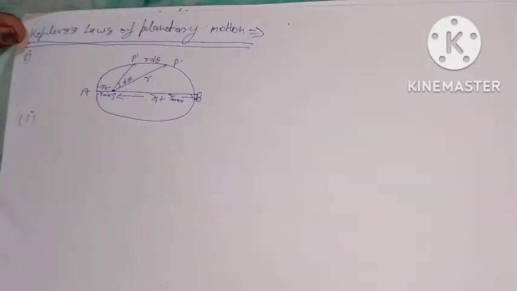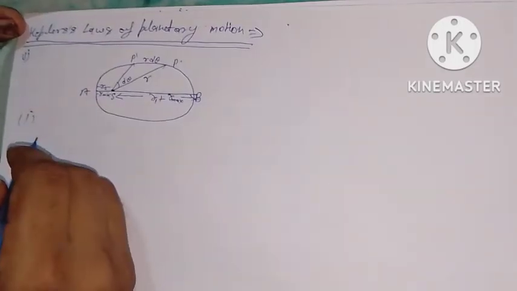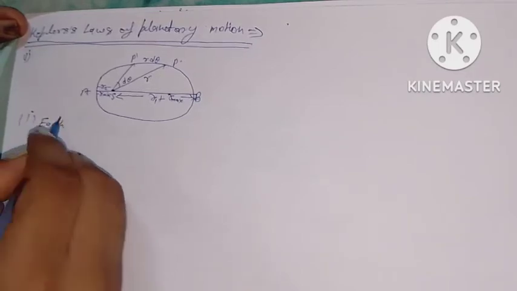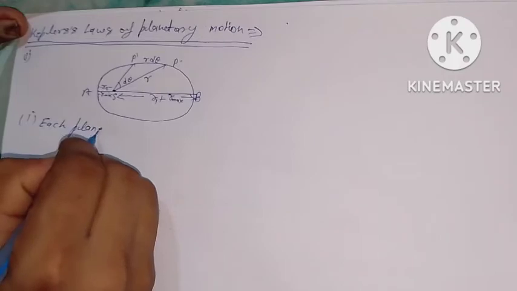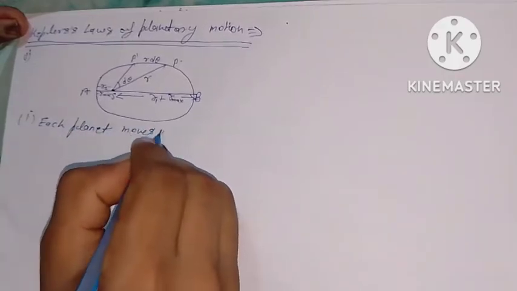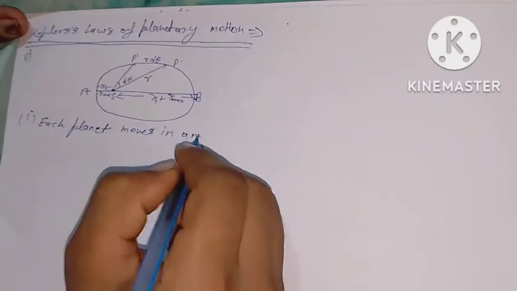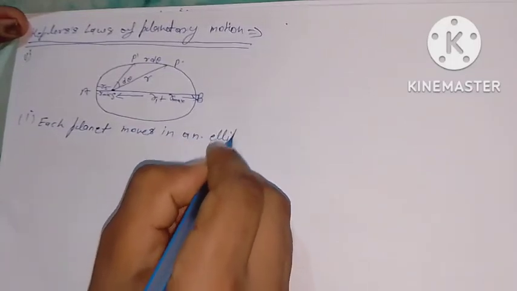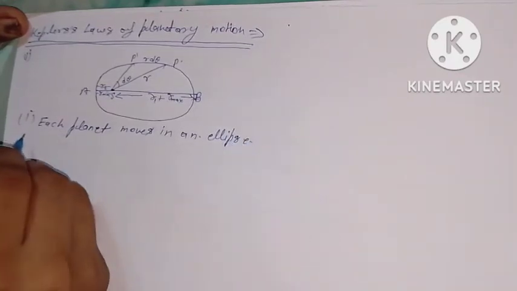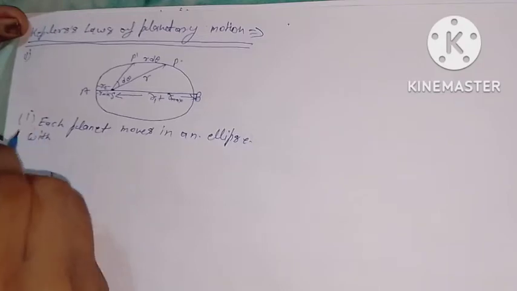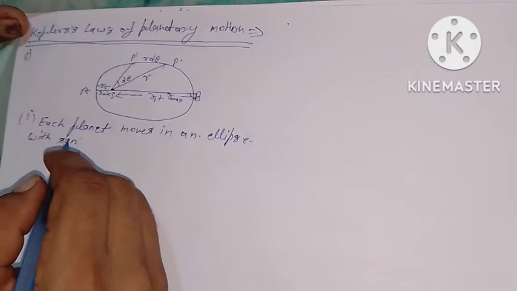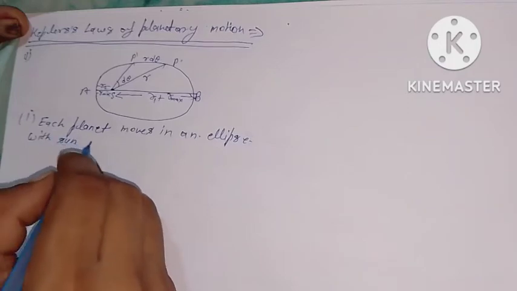Kepler's first law. Each planet moves in an ellipse with the sun at its focus.